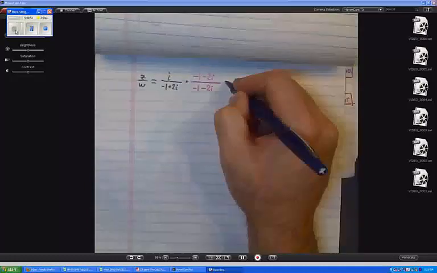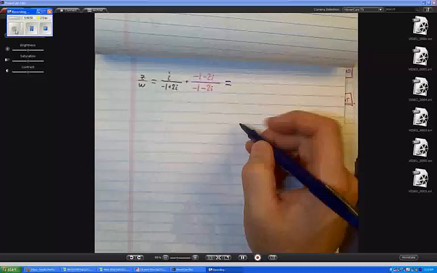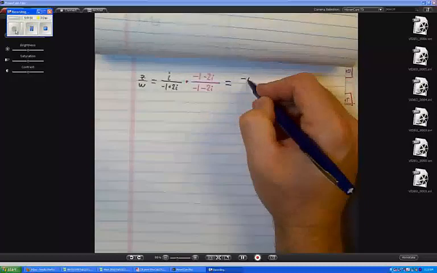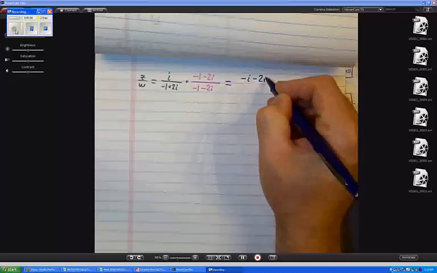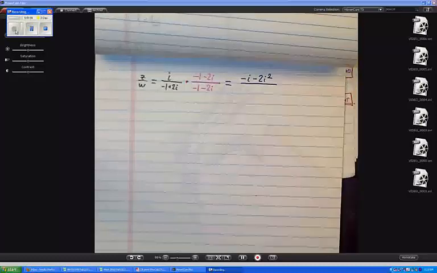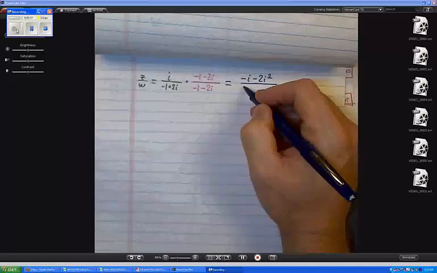Well, in the numerator, I guess I just have to distribute the I. So I'm going to get minus I minus 2I squared. In the denominator, negative 1 times negative 1 is 1.